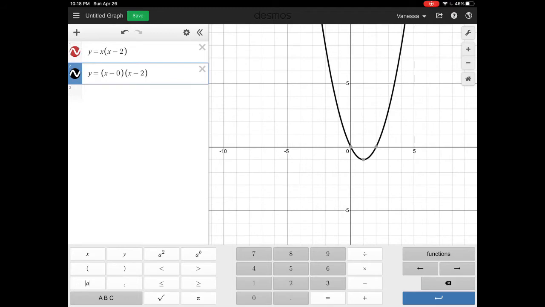Okay, now let's see what happens if we add a negative. So we can see that this has been reflected over the x-axis, and I want you to take the time to analyze what happens to the left of the first x-intercept and to the right of the last x-intercept.